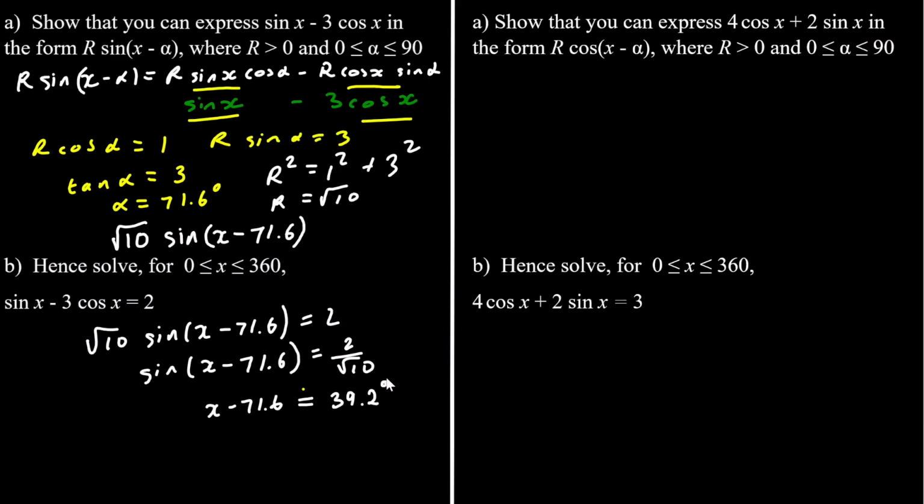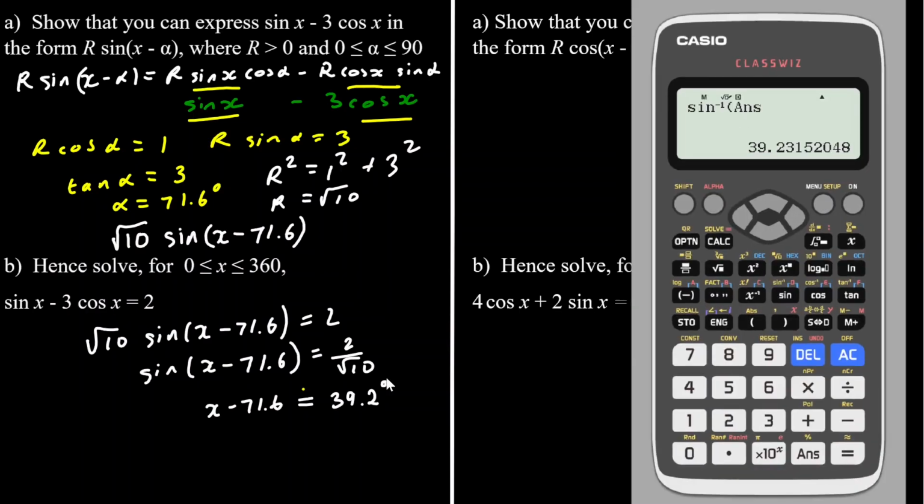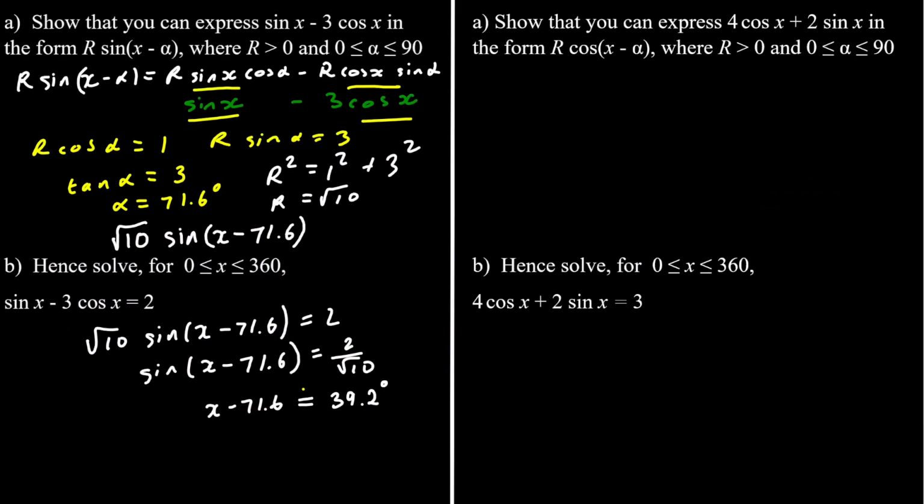Or to get our second answer in sine, 180 minus the first one. I'm going to store that as B. 180 minus the answer is 140.8. We're going to add 71.6 onto both of those.